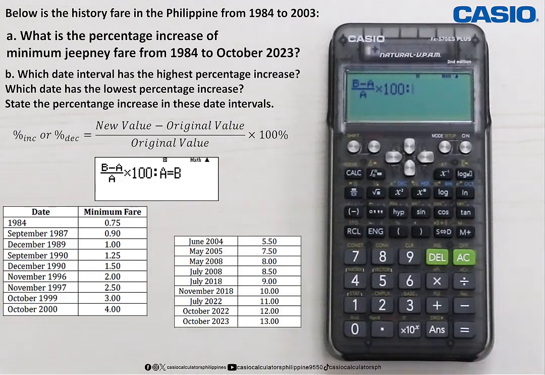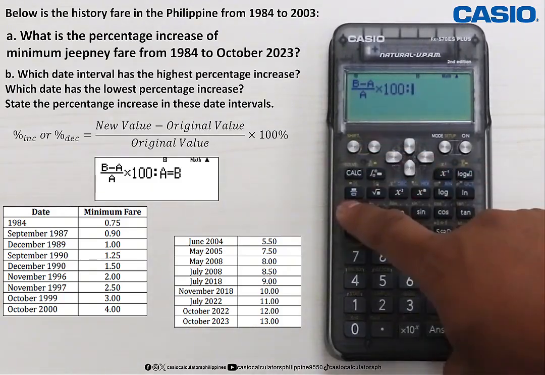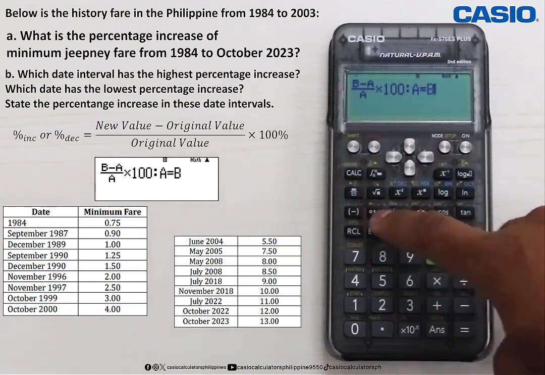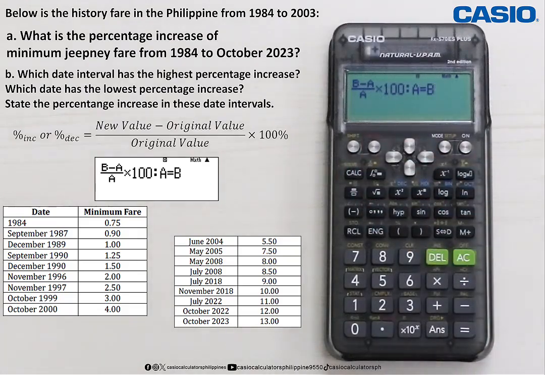So what it means is we need to make sure that after we solve the first range from 1984 to 1987, whatever the new value in 1987 should be the original value when we compute the percentage increase between 1987 to 1989.